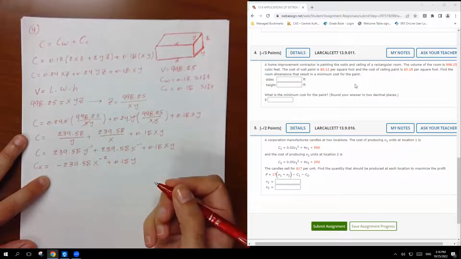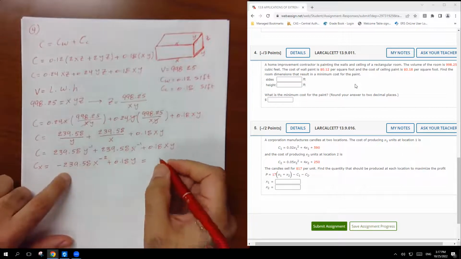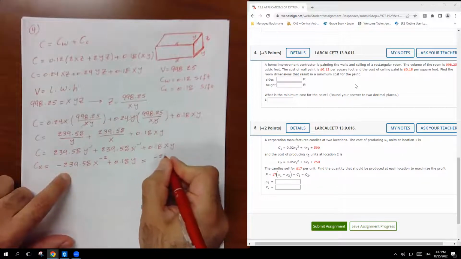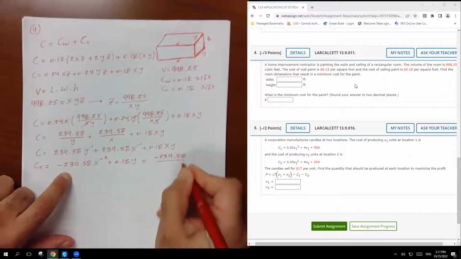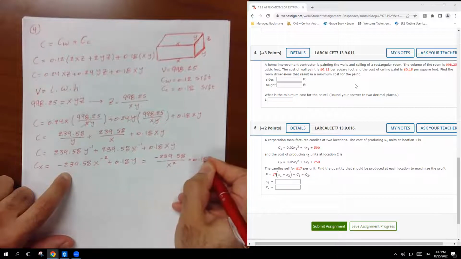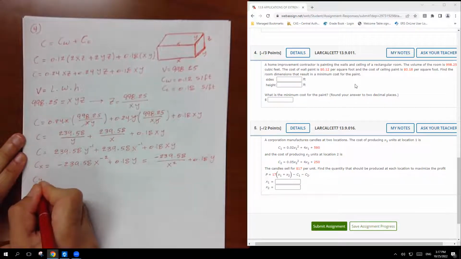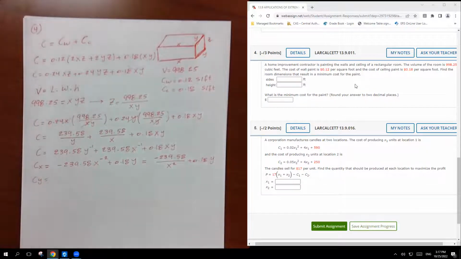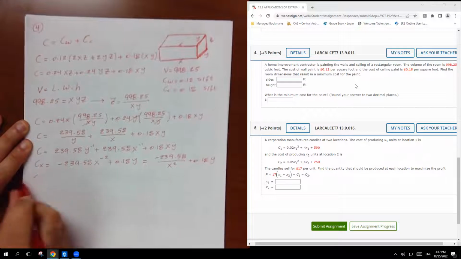Bringing it back to the bottom, negative 239.58 over x squared plus 0.18 y. This is our first equation. Now C sub y is going to be, in fact, let me plug in C sub x equals 0 to find the first equation.